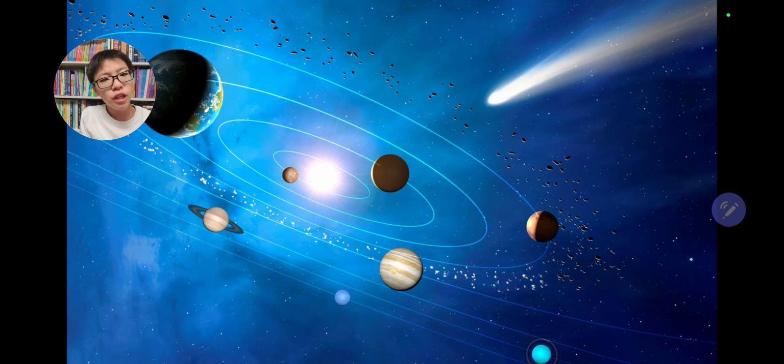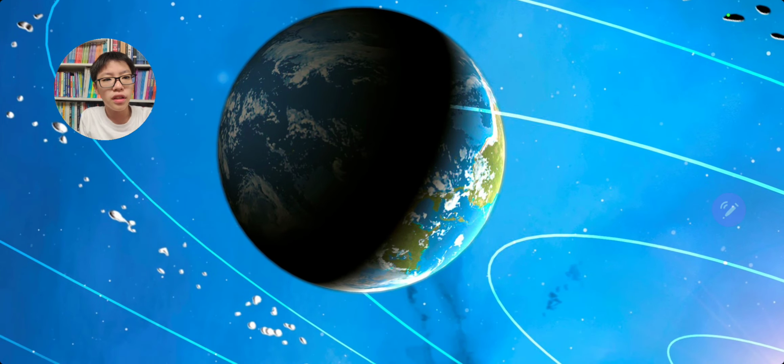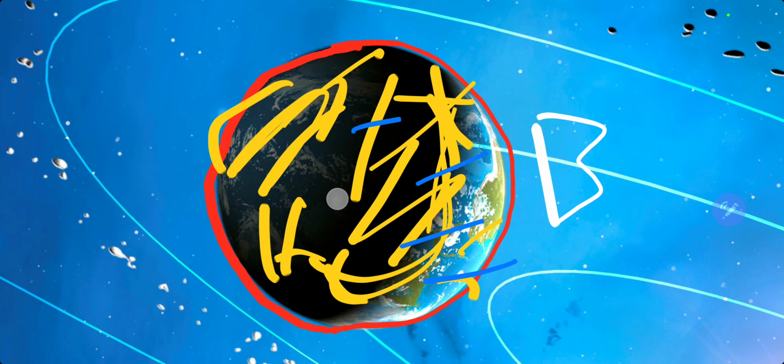Also, the Earth did not look like this. Instead, the Earth was a big bubble of hot water, and then eventually it was cool enough. The vapor turned into clouds, which rained on the whole surface.